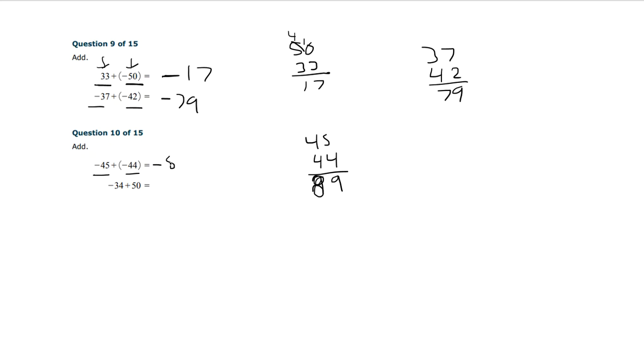You owe 89. And then the last one, if you owe 34 and you have 50. In this one, you owe less than what you have. So when you combine that, you're going to have a positive answer. And then to figure out how much, you just find the difference between 50 and 34. And it would be positive 16.